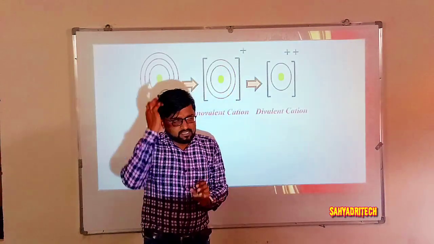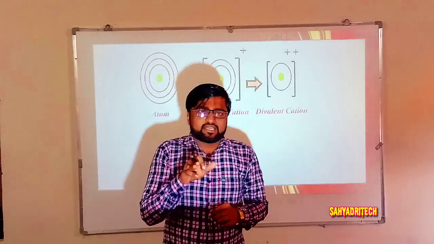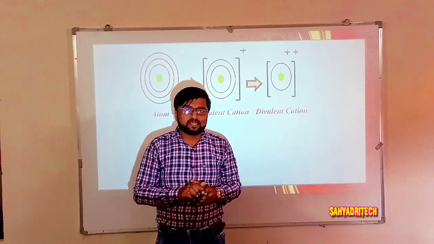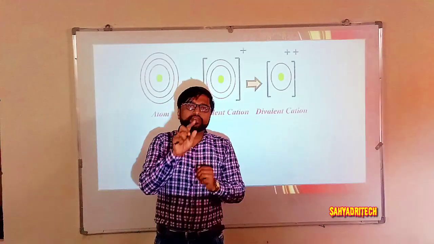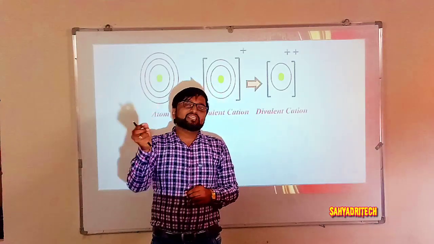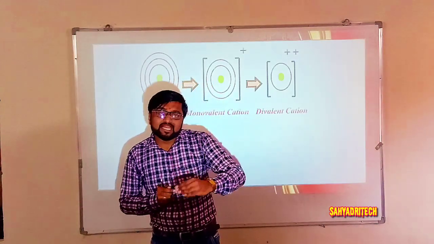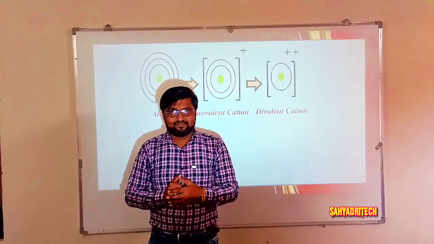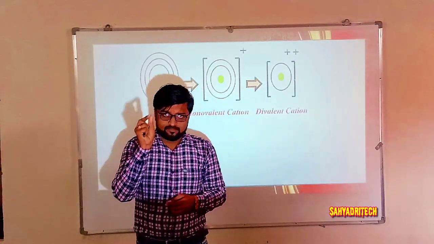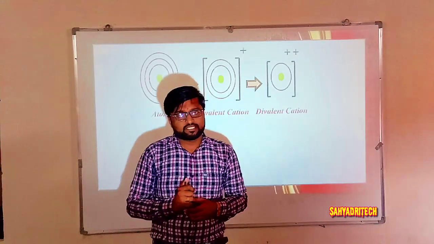So for example, a chemical species X is going to have plus 3 charge. What it means? That plus 3 charge indicates 3 electrons are lost. Okay, by losing 3 electrons it is going to get plus 3 charge.